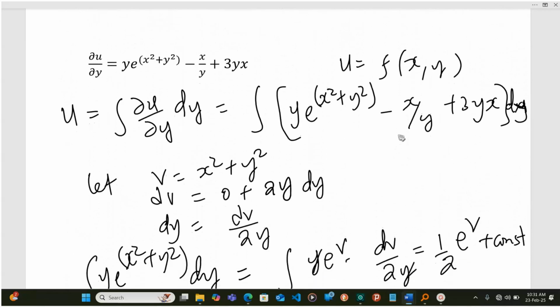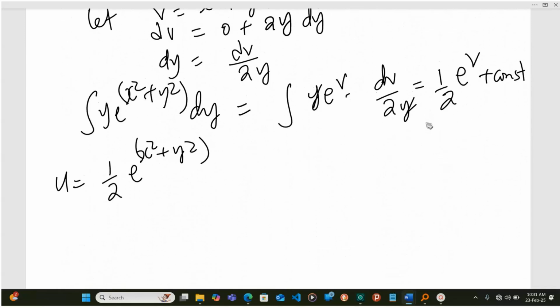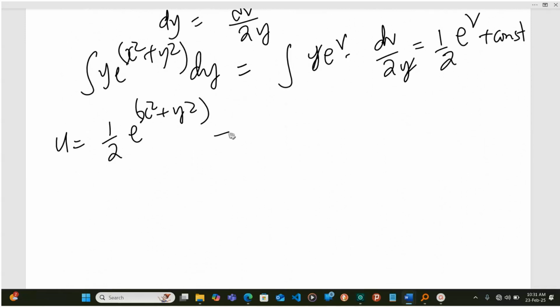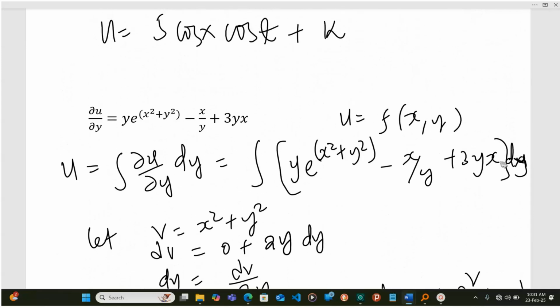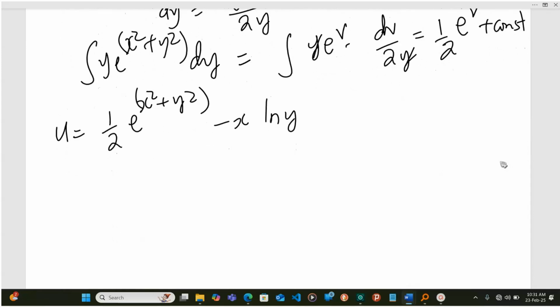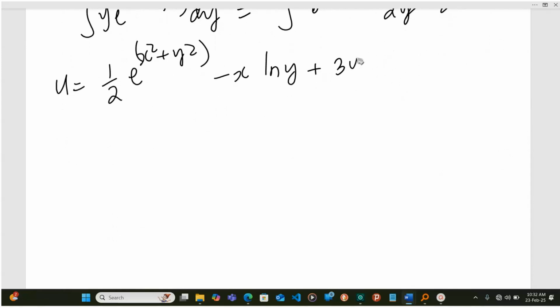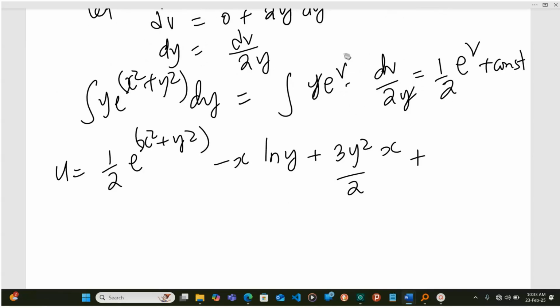Then we integrate the next term with respect to y: we shall have minus x ln y. We integrate again with respect to y, and we'll have plus 3y²x all over 2. So the constant becomes f(x). This is an arbitrary function, f(x), that represents the constant of partial integration here.